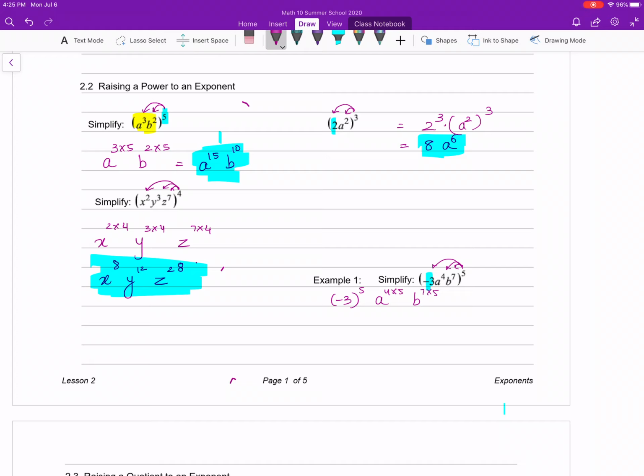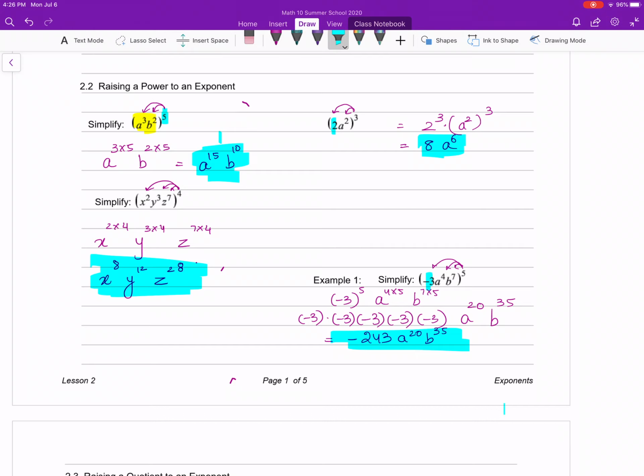Negative 3 to the power 5 we can write as negative 3 times negative 3 times negative 3, and so on. 4 times 5 is 20 and 7 times 5 is 35. When you simplify using a calculator, you get negative 243, a to the power 20 and b to the power 35. So that's how we can simplify using this law, raising a power to an exponent.